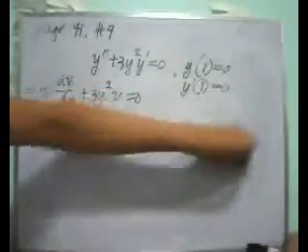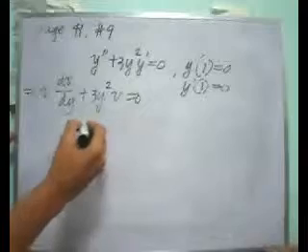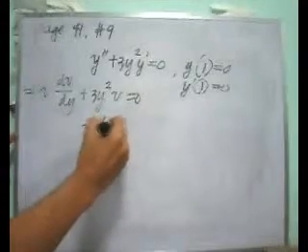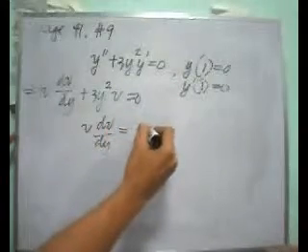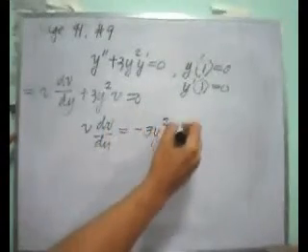Okay, so let's erase. Now this can be transposed to the other side of the equation, so v dv over dy equals negative 3y squared v.